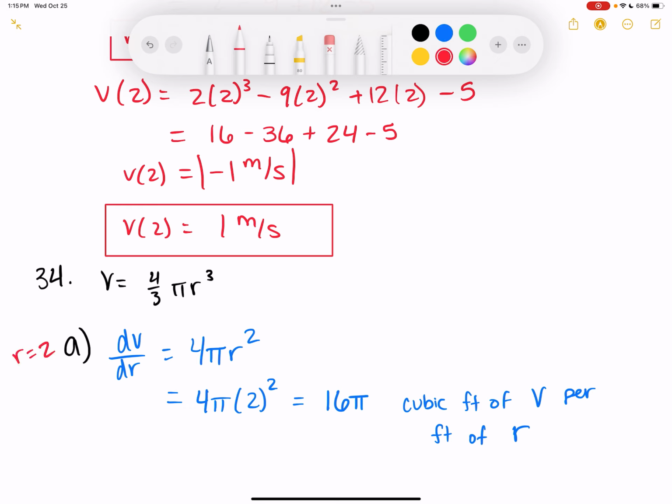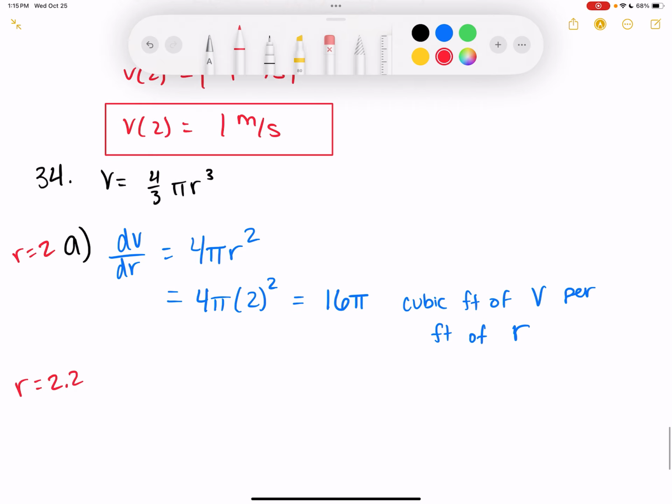Then the follow-up question says, by approximately how much does the volume increase when the radius changes from 2 to 2.2 feet? So we need to find at 2.2 feet what it is, and then subtract them. So we would have 4 pi times 2.2 squared.